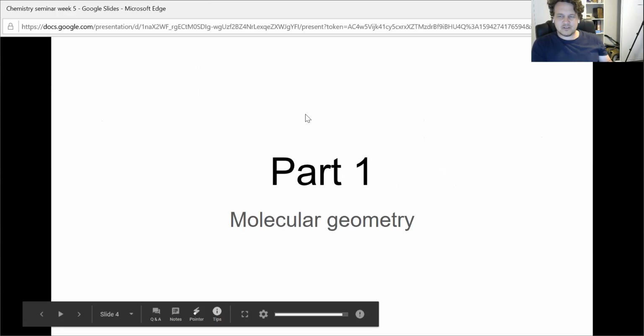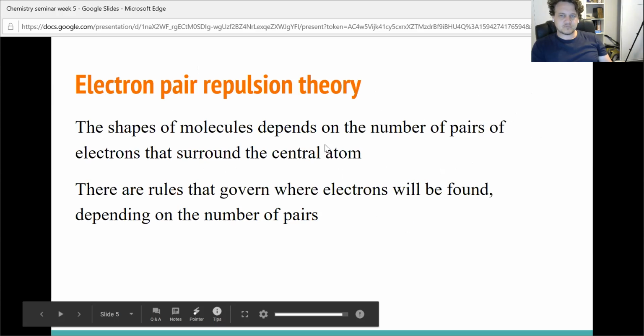So molecular geometry is a fancy name for what shape a molecule will be, and we can accurately and precisely predict the shape based on the Lewis structures that we were building. It depends on the number of pairs of electrons that surround the central atom, and there are lots of overly complicated formulas that they like to teach you.